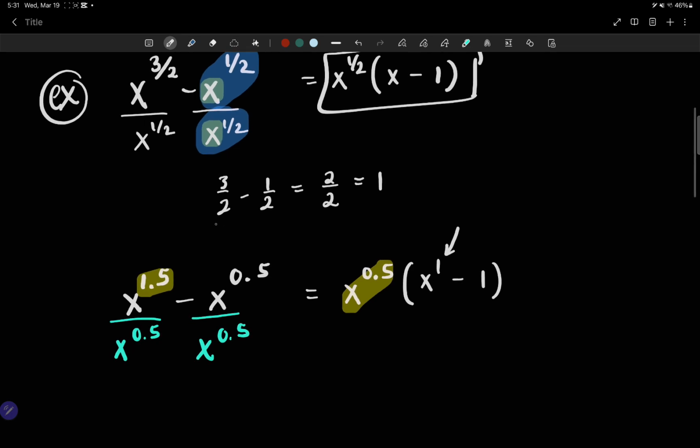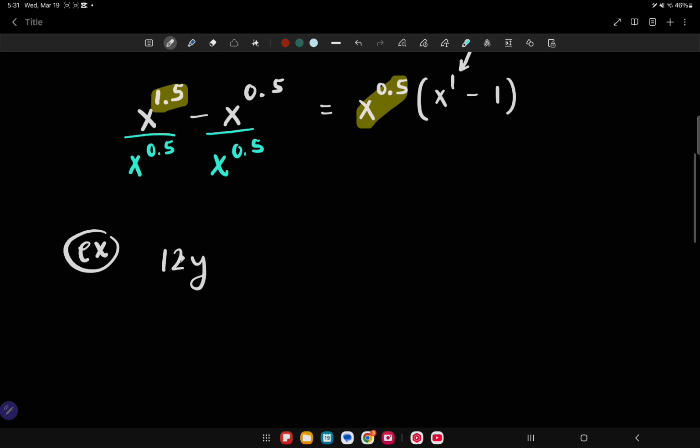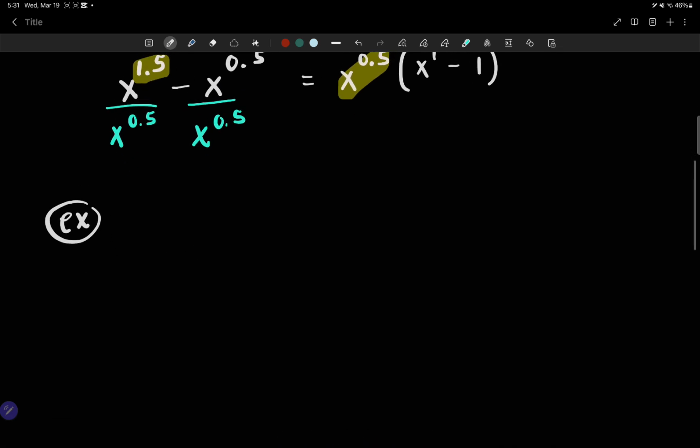Now, in this example, we actually had like denominators. So let's do one more. Let's say we have 14y to the 2/3, and then we're going to add 21y to the 1/2.